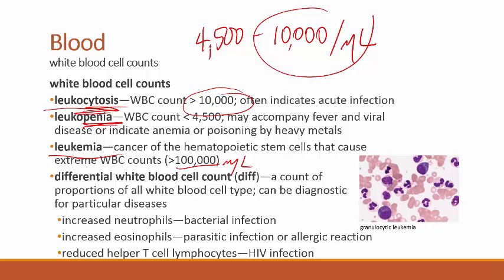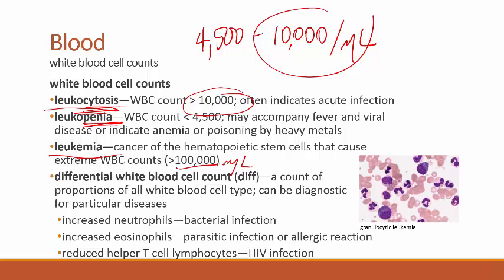And then we can use the count of white blood cells to help us to diagnose a particular disease. So differential white blood cell count, sometimes just called DIF, is a count of the proportion of all the white blood cells.